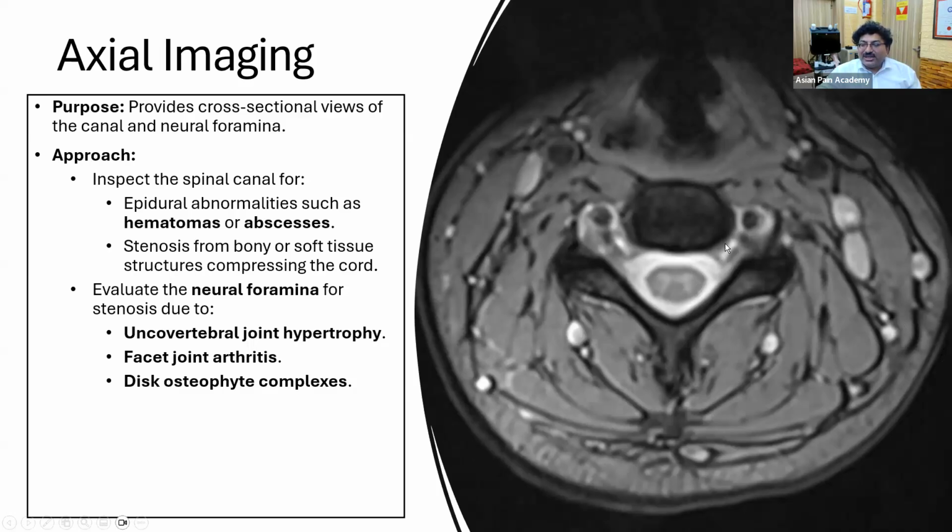If it is going to the lateral canal, it is compressing there. Or if some bony structure from the facet area protrudes and compresses the exiting nerve root, we can see that area where it is being compressed. Okay, so this type of pathology can be seen easily with axial imaging.